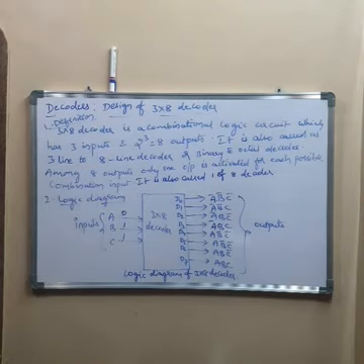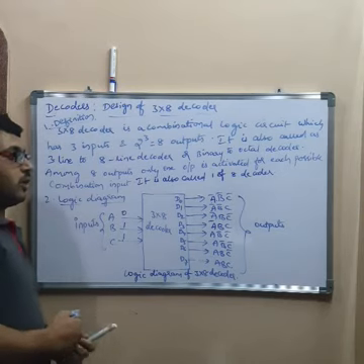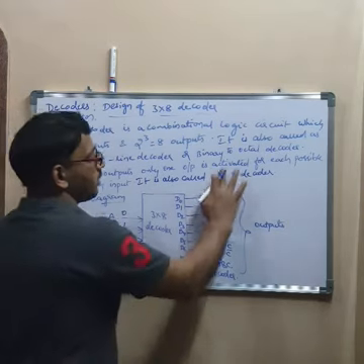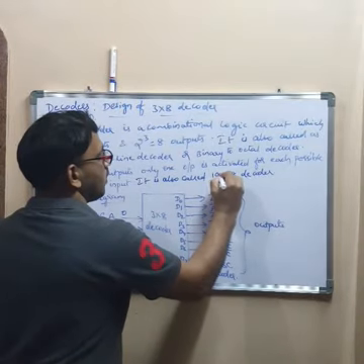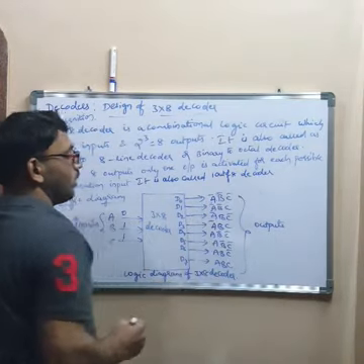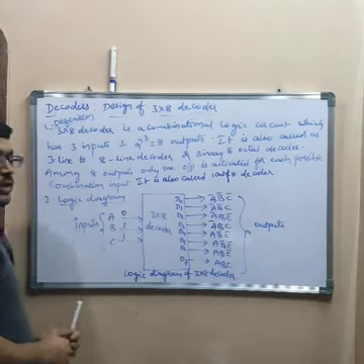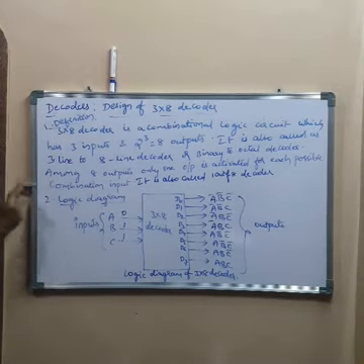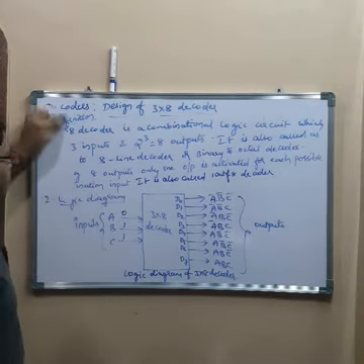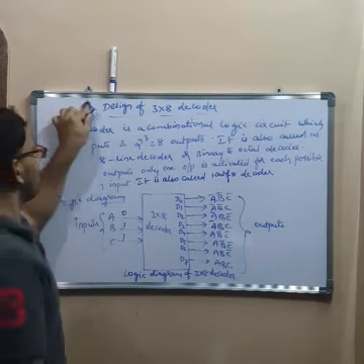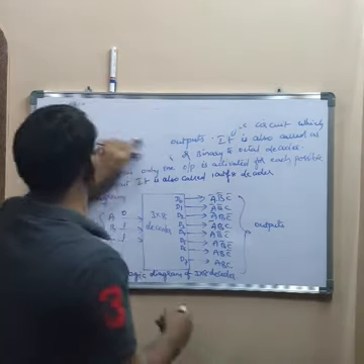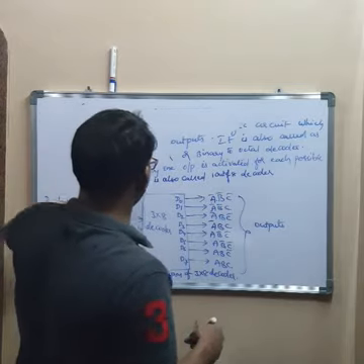It has 8 outputs, among which only one output is activated. So that is the reason for 1 of 8 decoder, 1 out of 8, right? Let us see the truth table of this.